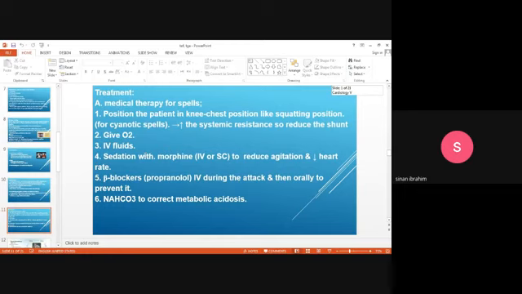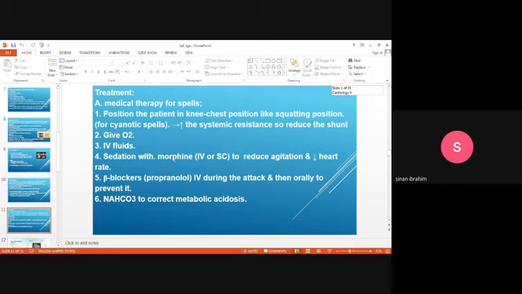Hydration is an important part of the treatment of patients with tetralogy of Fallot, and sedation, as we say, irritability, excessive crying. This will increase the shunt and decrease the systemic vascular resistance, and this will increase the heart rate.